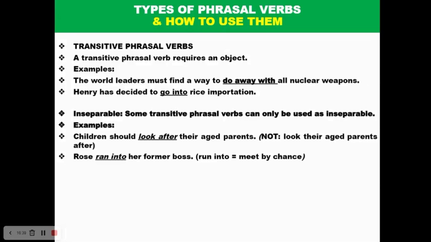No, it is meaningless. To run into someone is to meet by chance. So you must use ran into together. Rose ran into her former boss. These are inseparable. Even though they are transitive phrasal verbs, they must be used as inseparable.